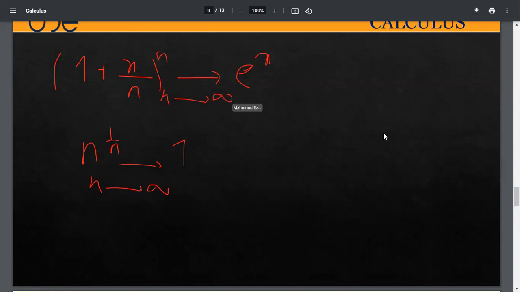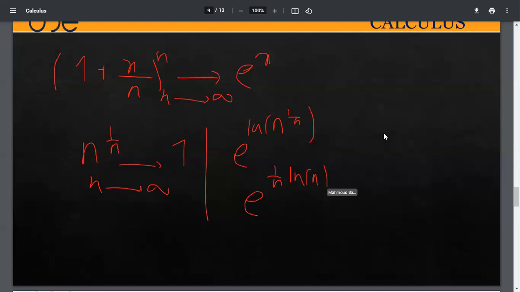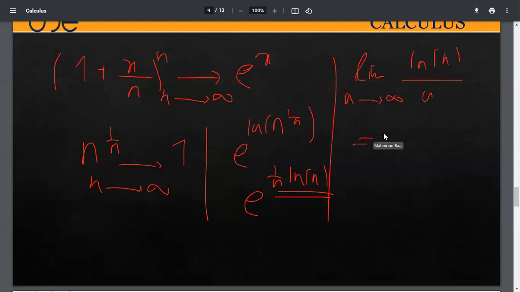Why? If I took this and tried to find the limit of n power 1 over n, this will simply be the limit of e power 1 over n ln n. And this is a composite function of e and u, where u is, in this case, 1 over n ln n. And we have that special formula that emerged from L'Hopital that says that the limit of ln n over n as n tends to infinity is equal to 0, right?